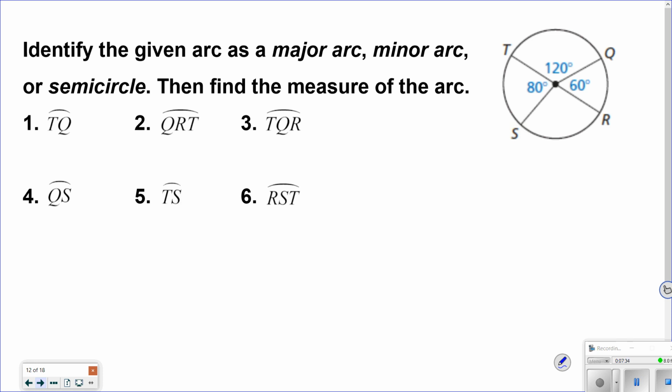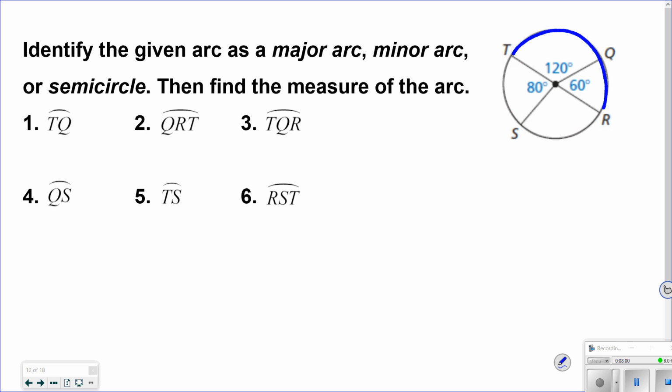TQ, if this is my central angle, TQ is just 120 degrees. QRT, so QRT is this all the way around to there. Probably the easiest way to do that one is just go 360 minus this arc right here, so minus 120. So that'd be 240. The measure of QRT is 240.